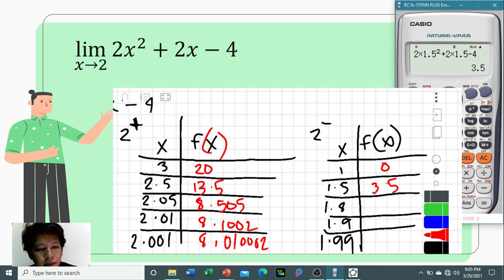If we would have 1.8, then the function value would be 6.08. And then if the value of x is 1.9, then the function value would be 7.02.